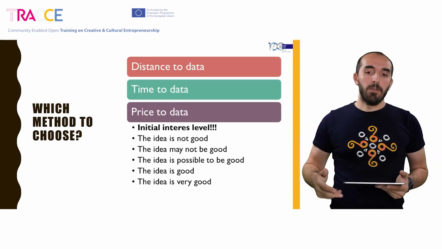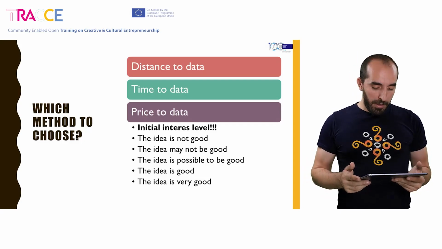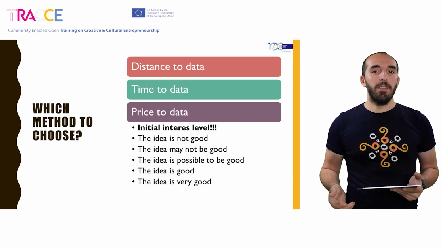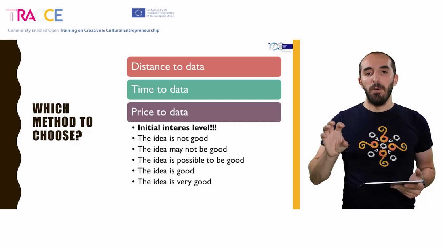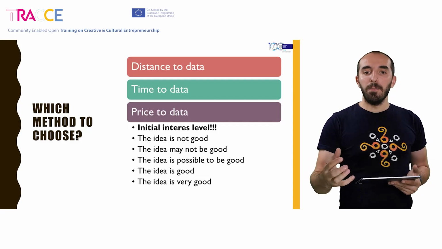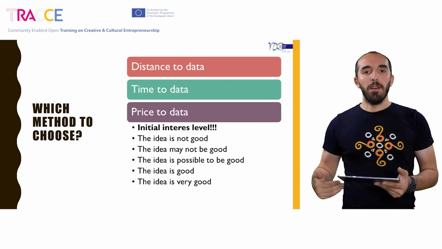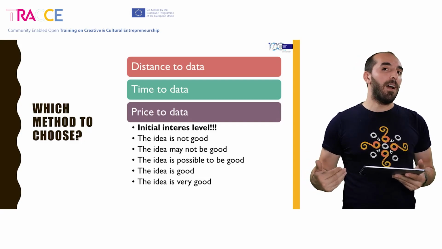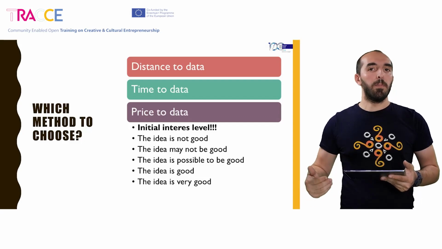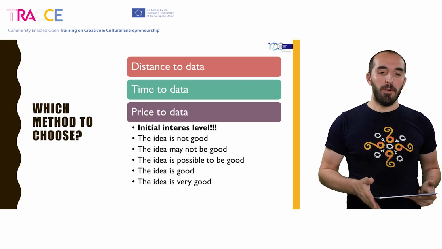And the last 2 levels of interest would be the idea is good, the idea is very good. If you manage to get to this point, it means that the idea should be tested more. It means that maybe you should start now to build a prototype, but not before this.